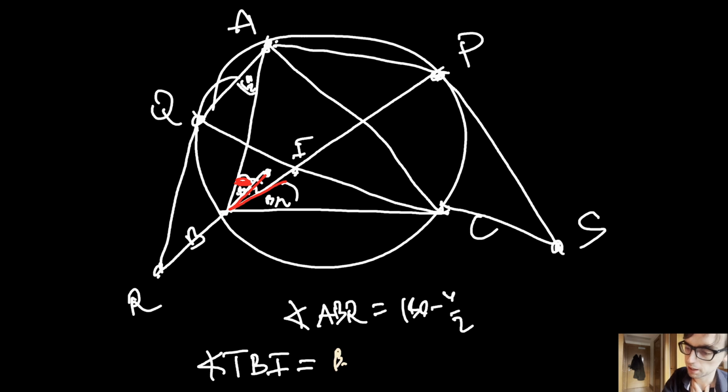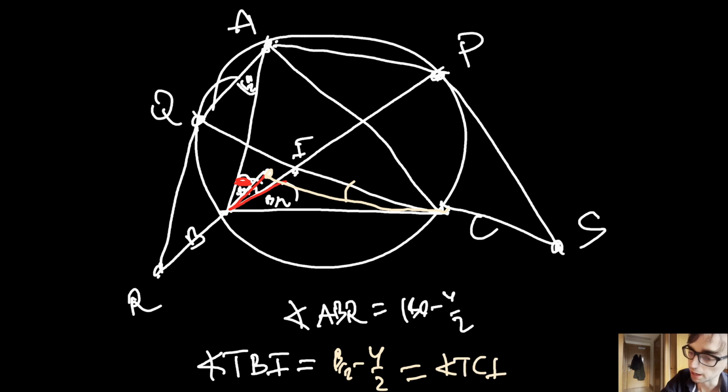So this is beta half minus gamma half. And I invite you here to pause for 5 to 10 minutes and try to push the problem further. Now that I hope you've paused, analogously, you should get that TBI is also equal to TCI, which is equal to beta half minus gamma half.